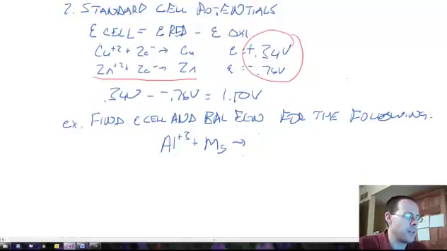Alright, so we're going to have aluminum ion plus magnesium is going to yield aluminum metal plus magnesium ion.